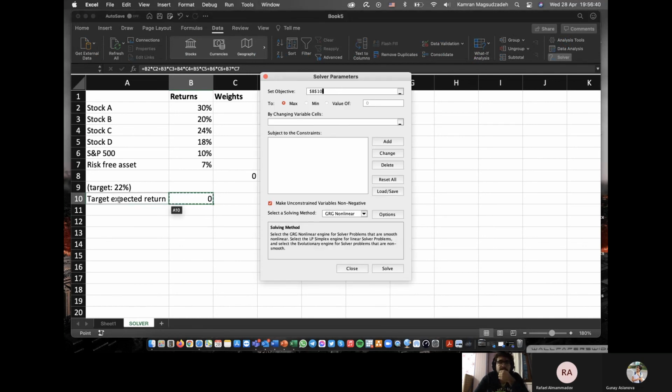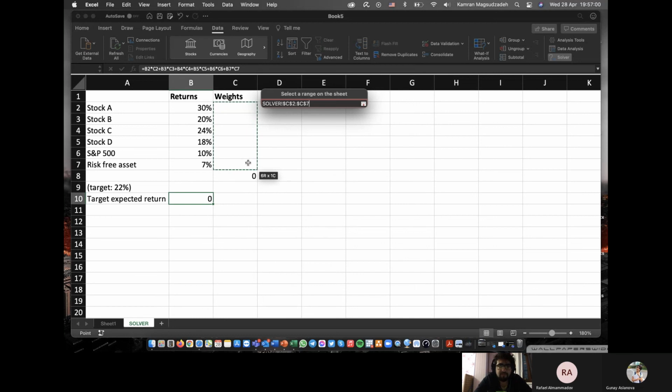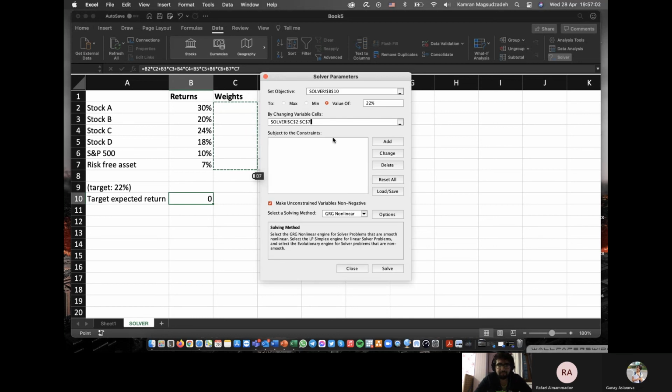So our target is B10. B10 to the value of, what value we are looking for? 22%. So Excel should allocate 22% by changing these weights. Then we should add constraints here.